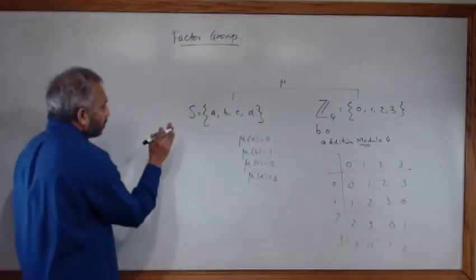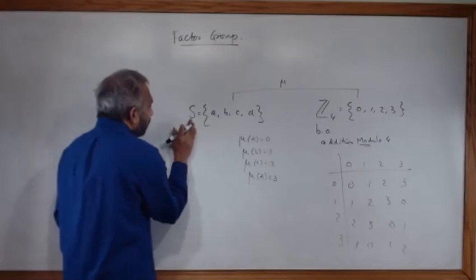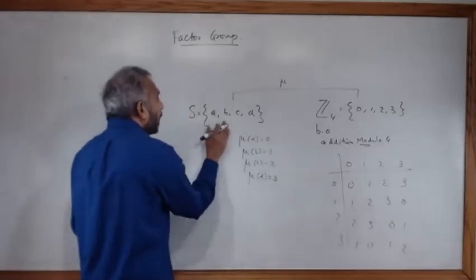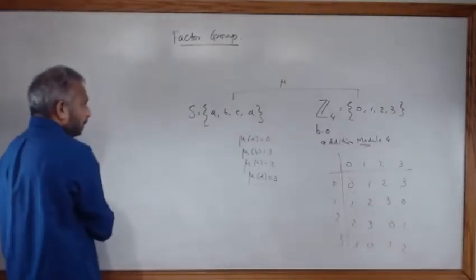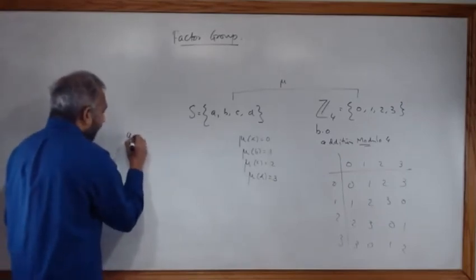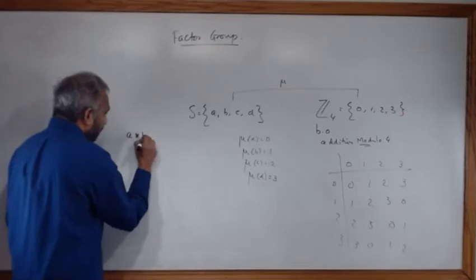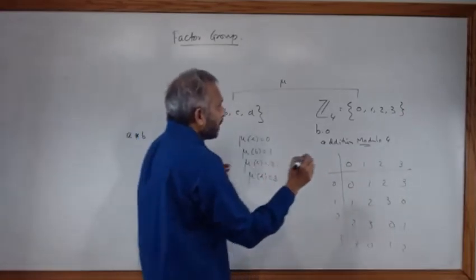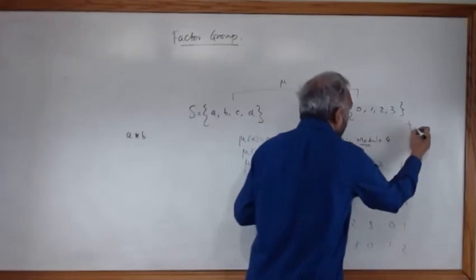In order for us to think about S as a group, we need to build a binary operation. So the binary operation we are going to define is like this: A star B. Here the binary operation in Z4 is addition modulo 4.